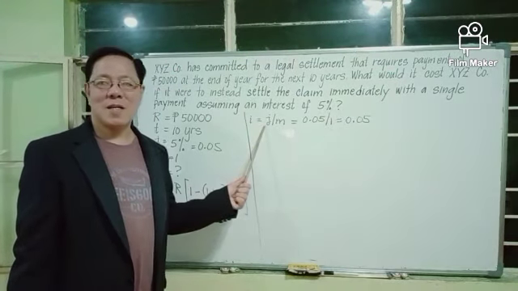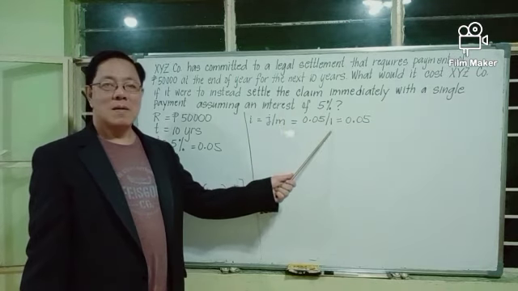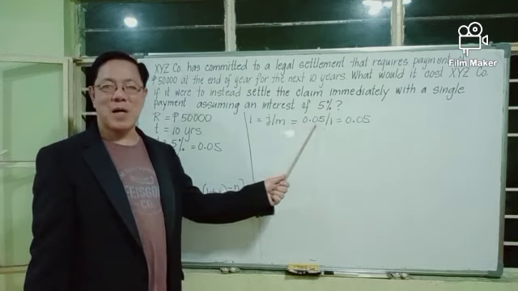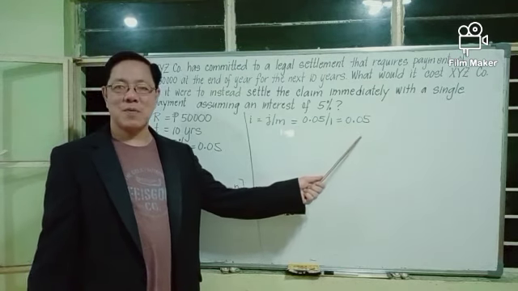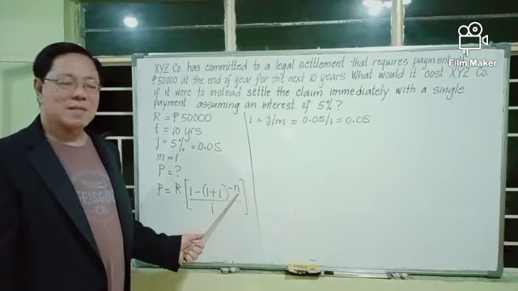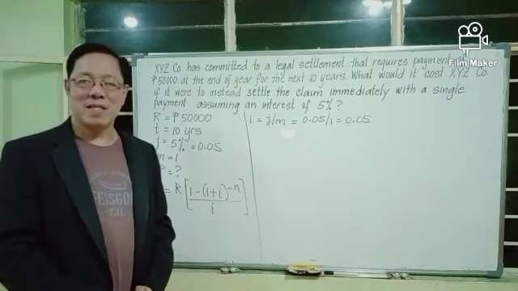Where j is the given interest of 5% compounded annually, therefore m is equal to 1, and 0.05 divided by 1 is 0.05. n is the number of regular payments to be made, and by formula n is equal to m multiplied by t.